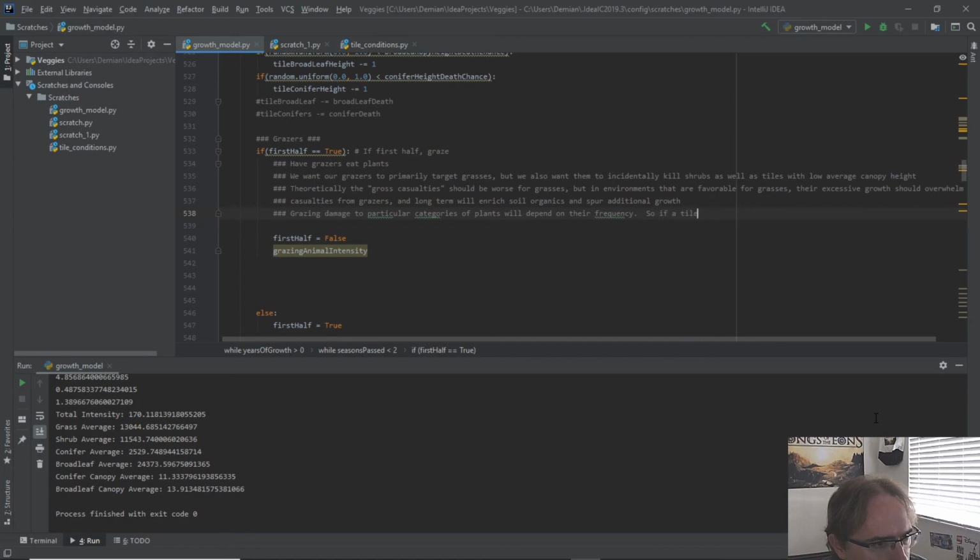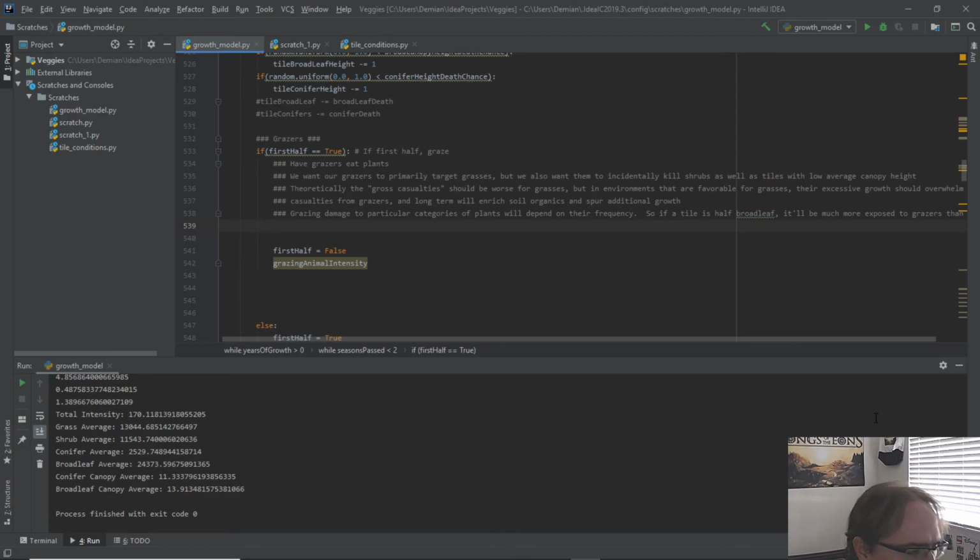So if a tile is half broadleaf, it'll be much more exposed to grazers than if a tile is one-tenth broadleaf.